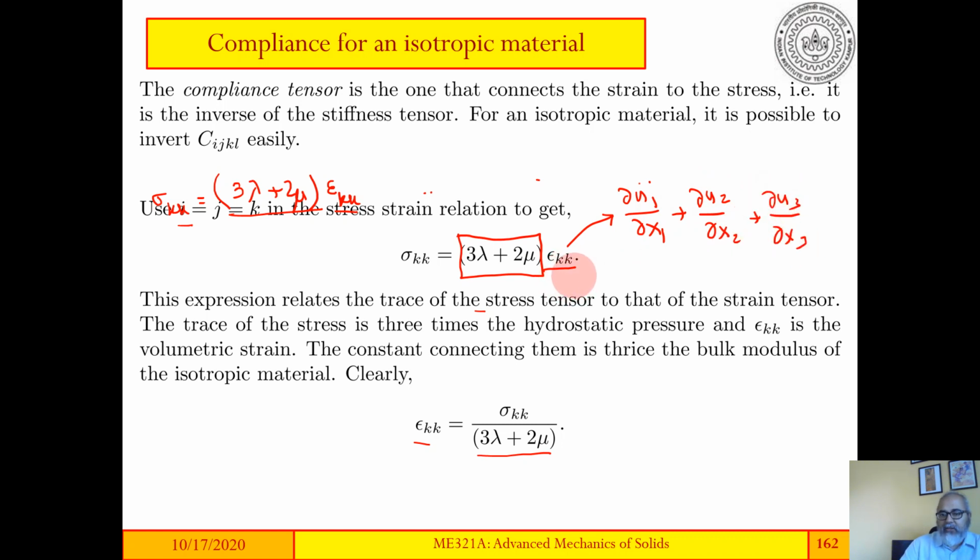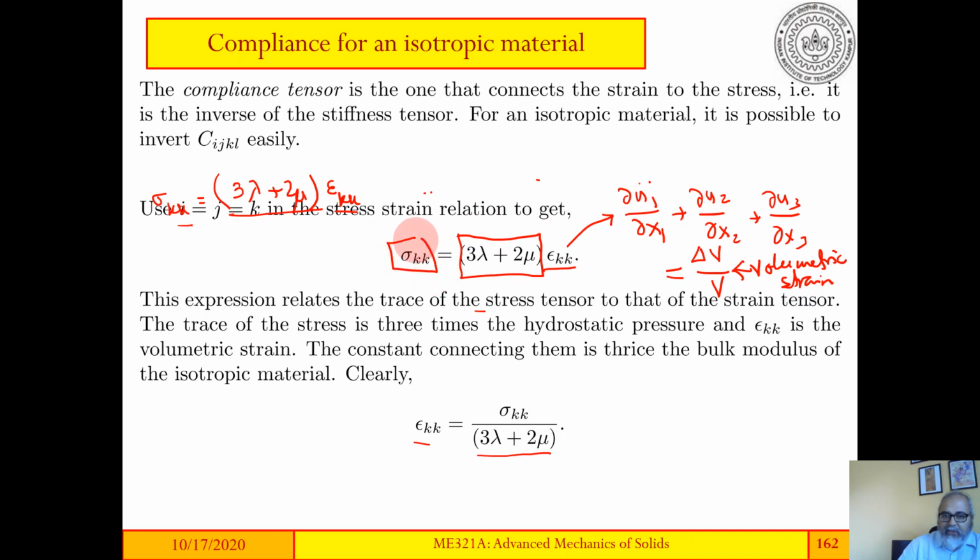This is epsilon kk, and you can show, or you probably already know, that this is delta v by v, also known as the volumetric strain. So the trace of the strain tensor is the volumetric strain.